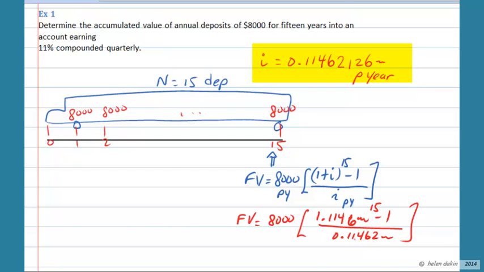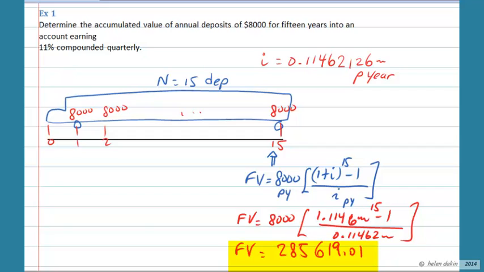Now we have the interest rates and the payment periods coinciding. With that annuity factor multiplied by $8,000, we're going to end up with a final value equal to an amount of $285,619.01. So the future value includes the deposits plus the accrued interest.